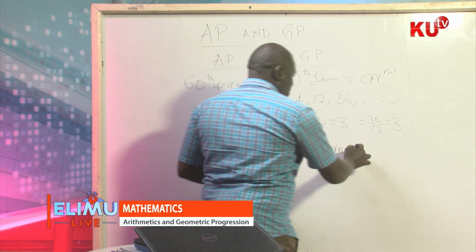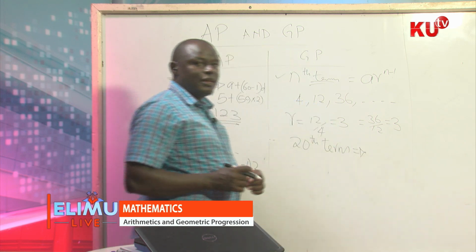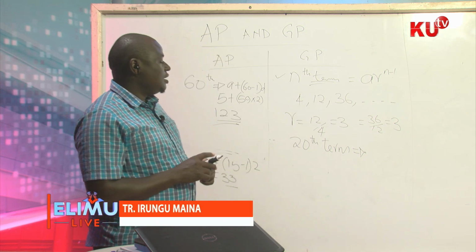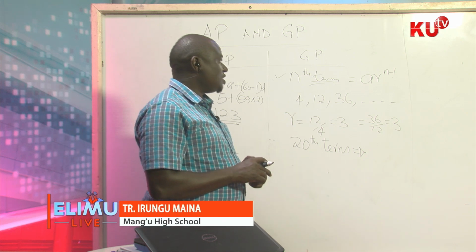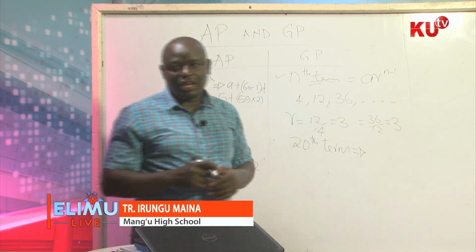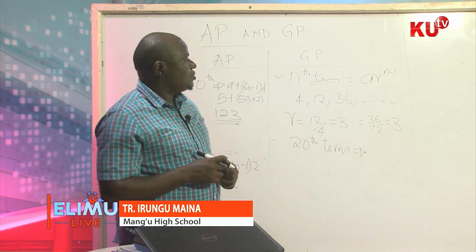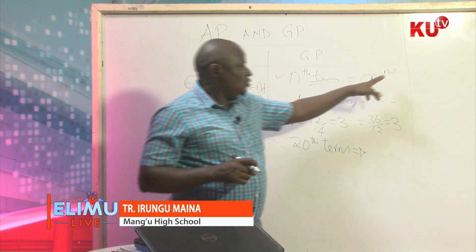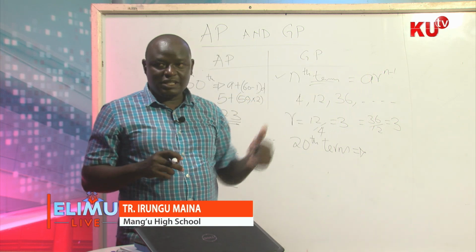We are saying that 20th term shall be given by A multiplied by R, which is raised to power n minus 1, where n is the number of terms that we said. So if we are talking about the 20th term, 20 minus 1 gives us 19.